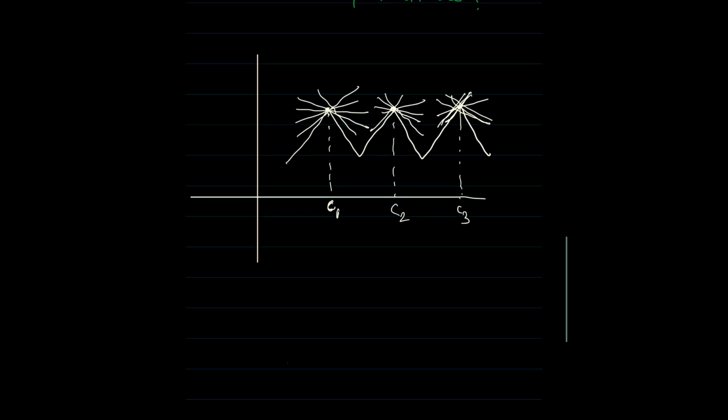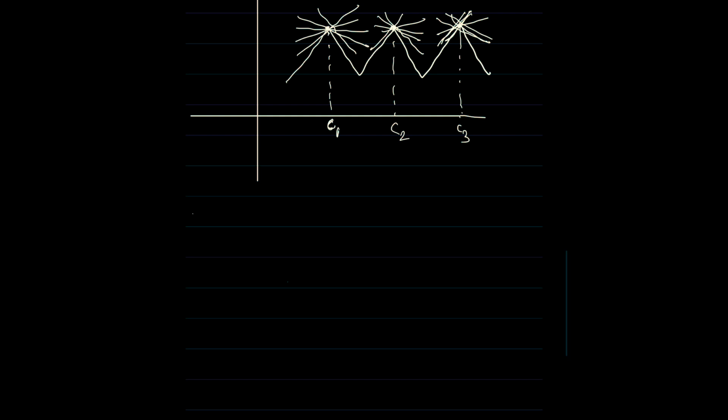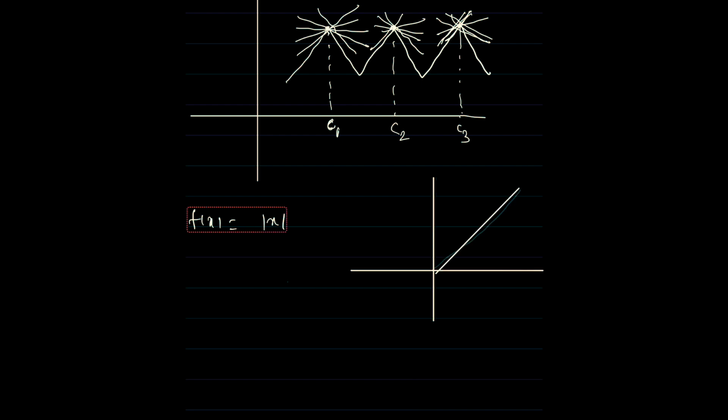Okay, so we can take an example, f of x equal to mod x. The graph of f of x equal to mod x is like that. Okay, this is the graph of mod x.